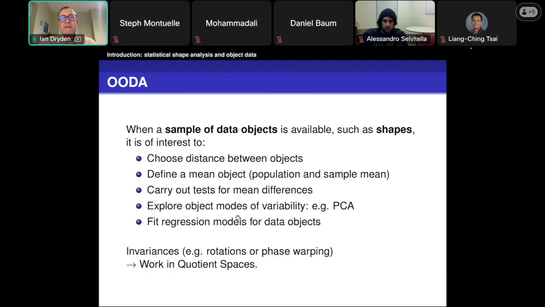Looking at regression, can we build a regression model where the data objects are either response or the covariate? And when we have invariances under rotations or whatever we have, like phase warping is another, which we'll see in a minute, the spaces we're in become nonlinear, and these are called quotient spaces because we're quotienting out things like rotation, scale, etc.